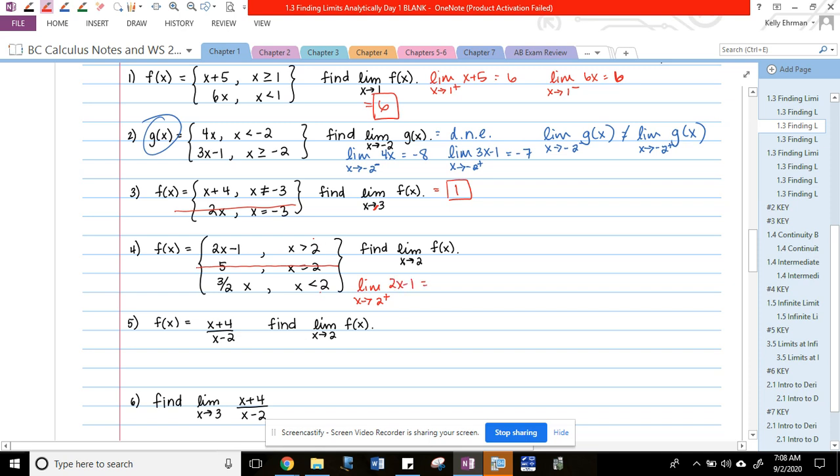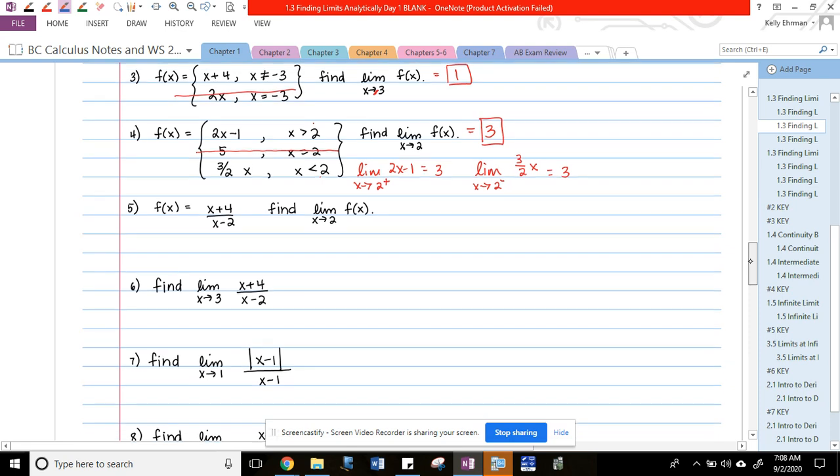Direct substitution, 2 times 2 is 4, minus 1 is 3. Plug into the bottom equation the limit as x approaches 2 from the left of 3 halves times x: 3 over 2 times 2 is 3. Since those two sides match, the overall limit as x approaches 2 of f of x is 3.